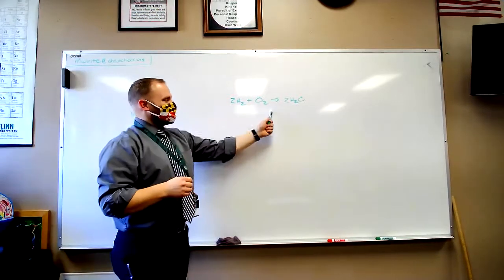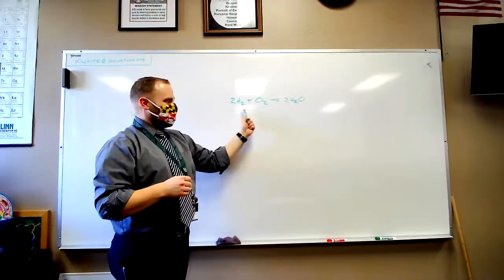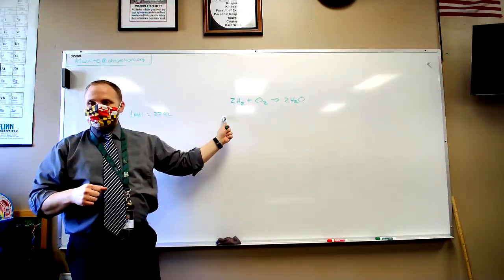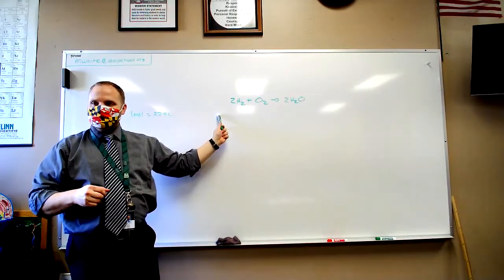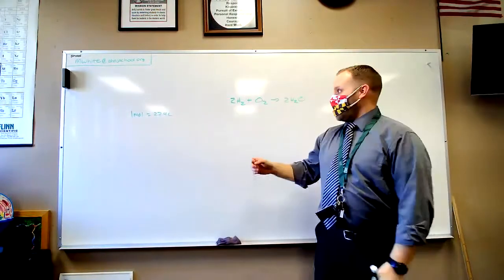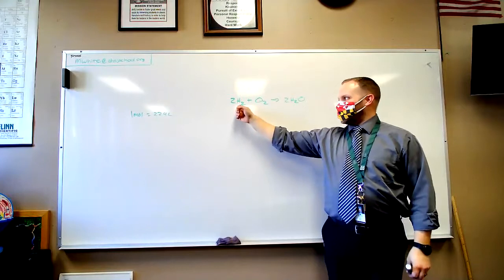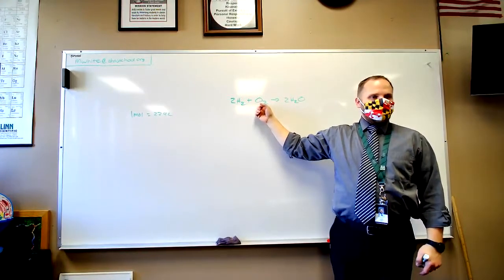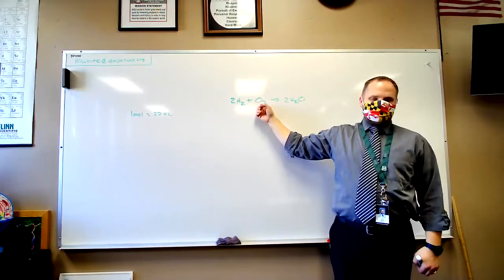Now, when you mix these, okay, they're going to be under the same conditions, right? Is it possible to have one container where the pressure and temperature are different for the hydrogen and the oxygen? No. Okay.